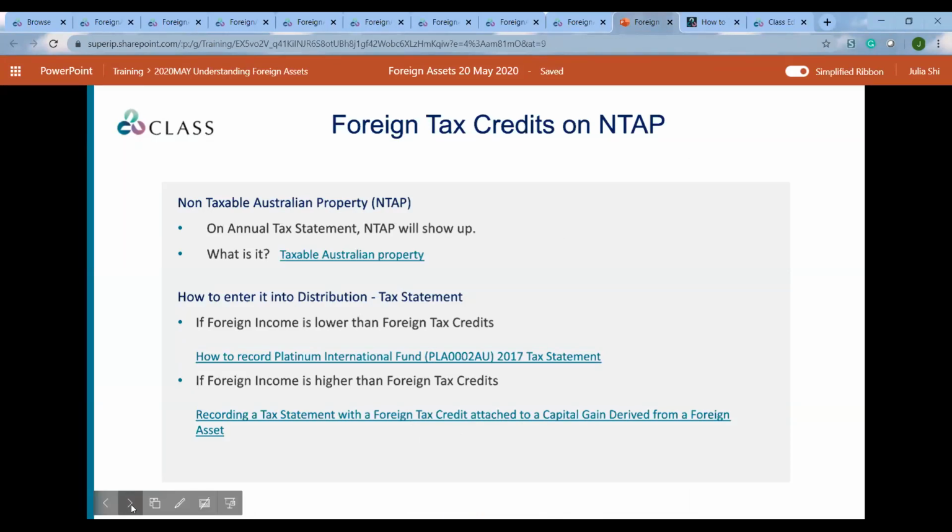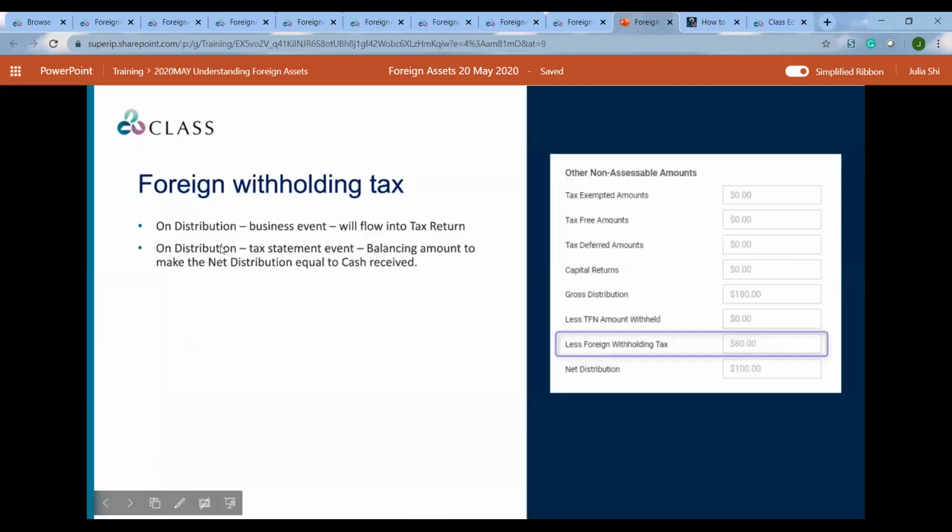That's the end of the foreign tax credits, and then we're coming to the other kind of foreign tax, which is foreign withholding tax. What I've noticed is that on the distribution tax statement, clients like to put this foreign withholding tax into just the distribution tax statement event, but don't put it into the corresponding distribution business events, the cash or reinvestment events.